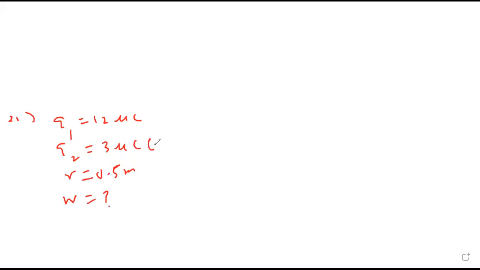So Q2 is our moving charge. This we have moved, so that the distance between the two charges is reduced to 0.1 meter. How much will the work done be?